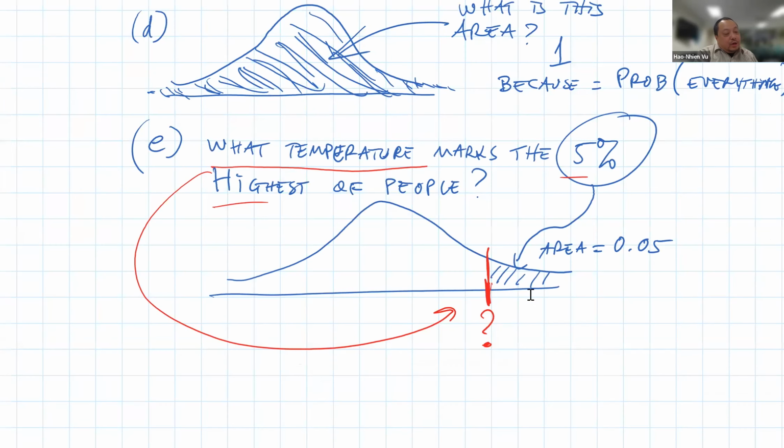We're on this side, so are we on the greater than side of things or on the less than side of things? This area. Is the area on the greater than side of things or on the less than side of things?